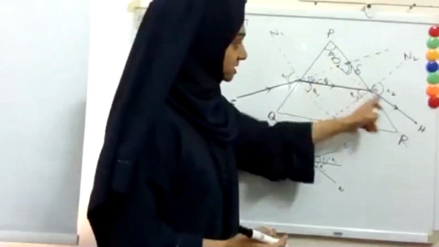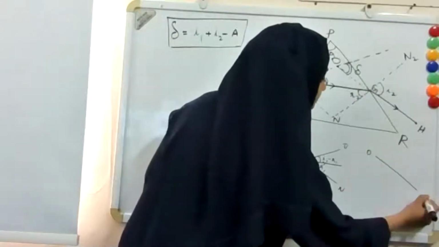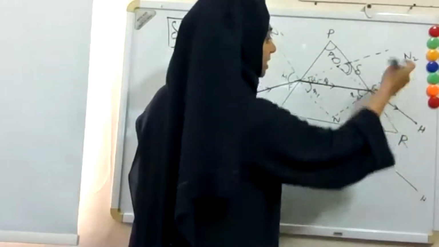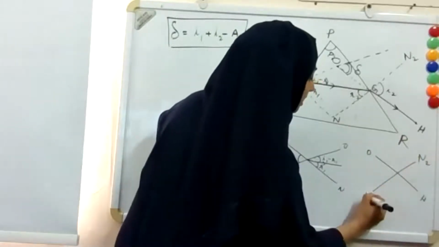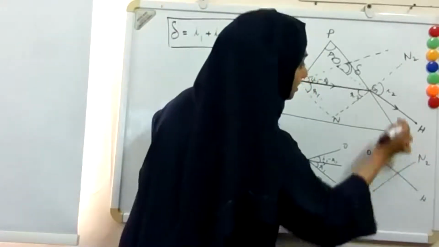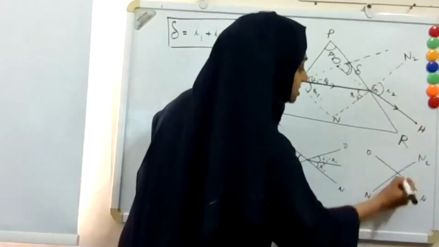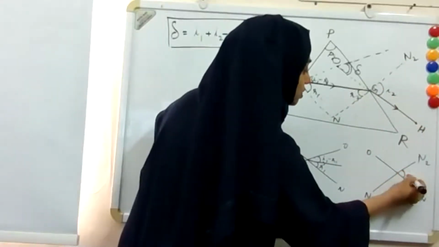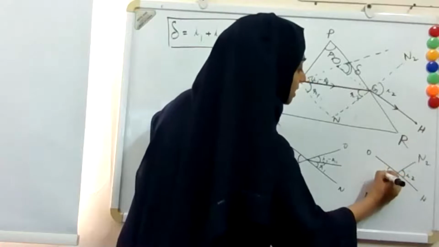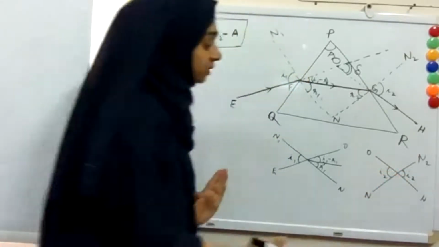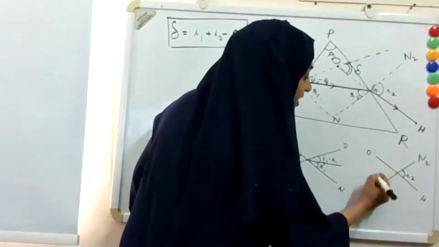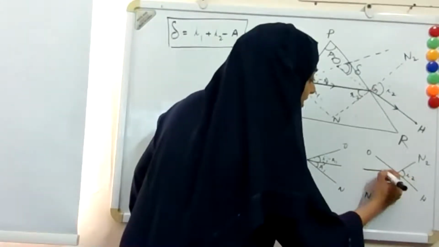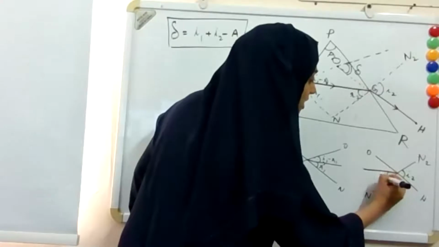By the same explanation, here you have OH, this line, and N to N. And the angle between N to N and OH here is I2. So what will be this total angle? This also will be I2. But instead we have a refracted ray coming here and this angle is R2.